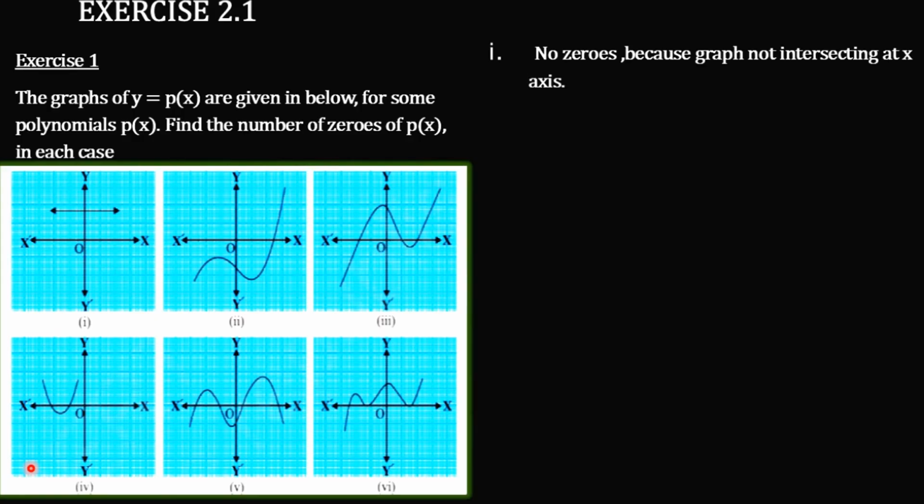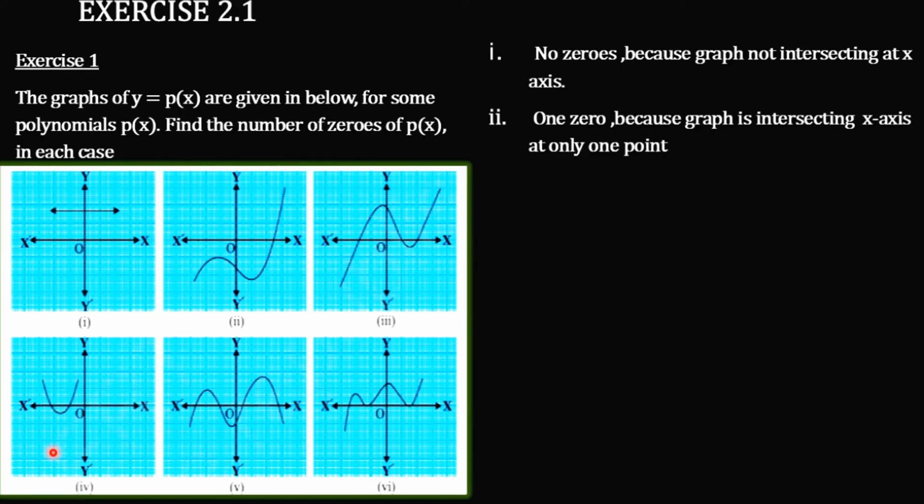Okay, here the graph is intersecting at 1 point. So the number of zeros is 1. 1 zero because the graph is intersecting the x-axis at only 1 point. Here we have 1, 2, 3 points. So here we have 3 zeros at the third graph. 3 zeros because the graph is intersecting the x-axis at 3 points.